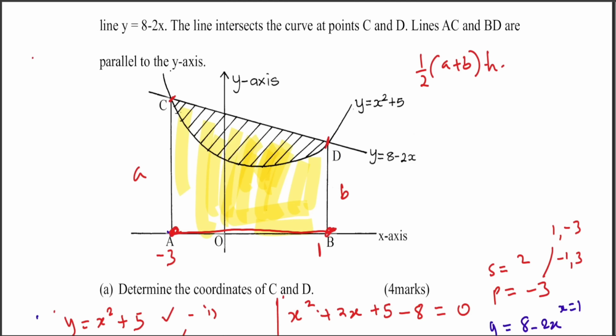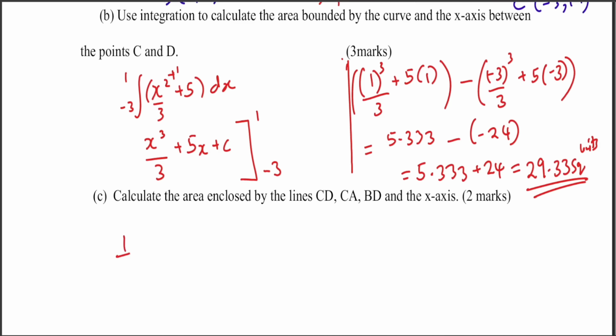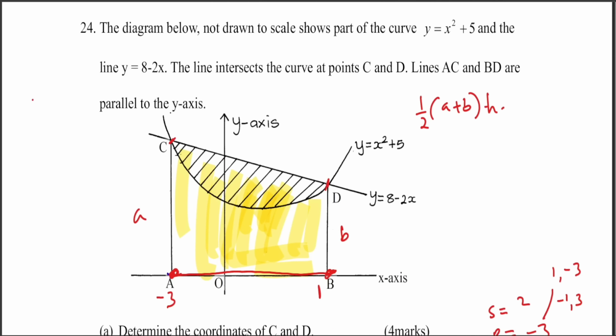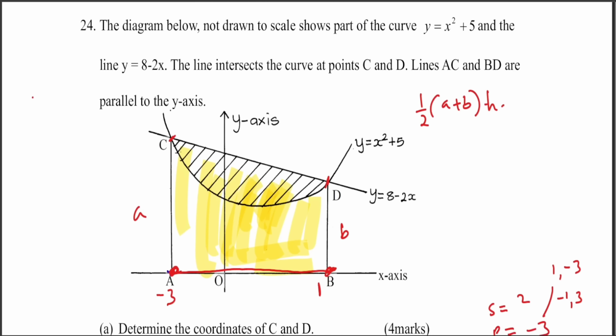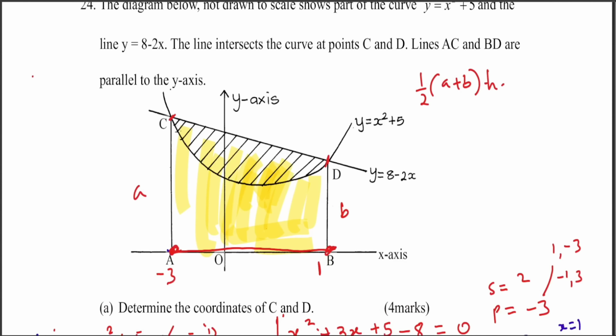Okay, so let's go down. It's given by a half times A plus B times your height. You need to know the coordinates. We know that our D is basically 1,6, and this is negative 3,14.